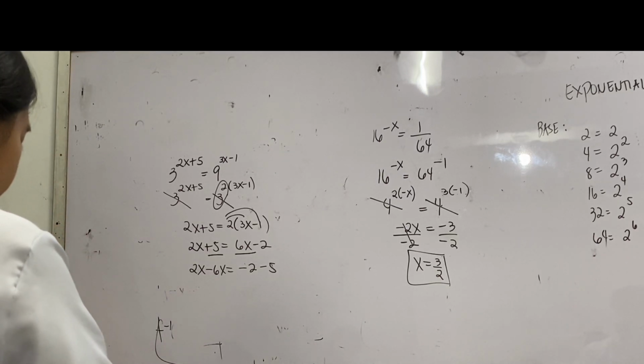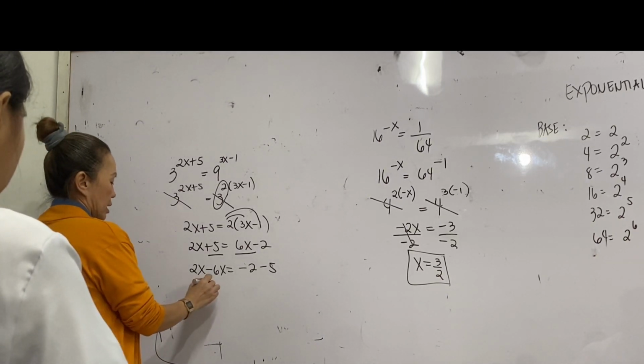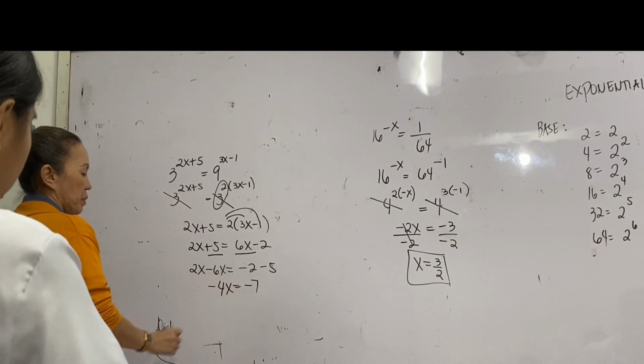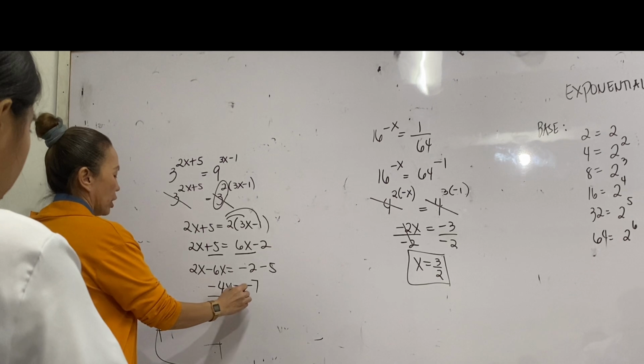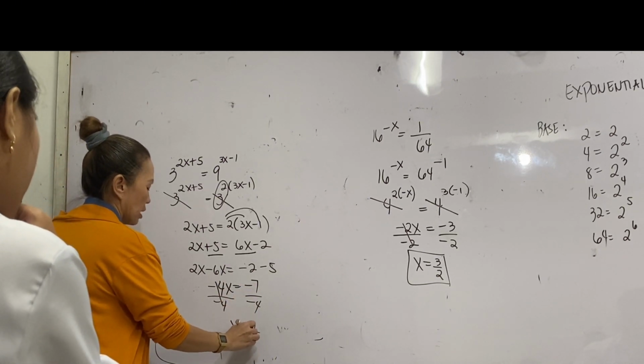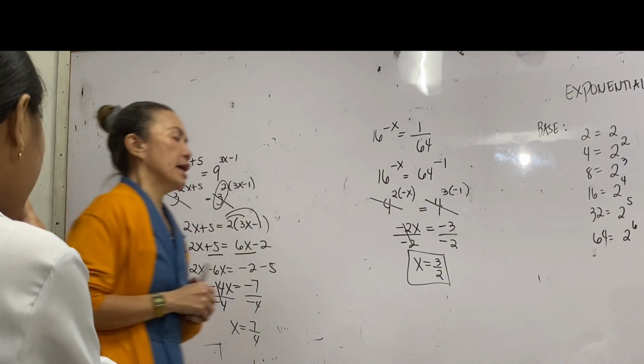Nasusundan po ba? So, what is 2x minus 6x? Negative 4x, negative 7. Negative 4, negative 4. So, x is 7 over 4. Nasusundan po? Yes. Okay, next.